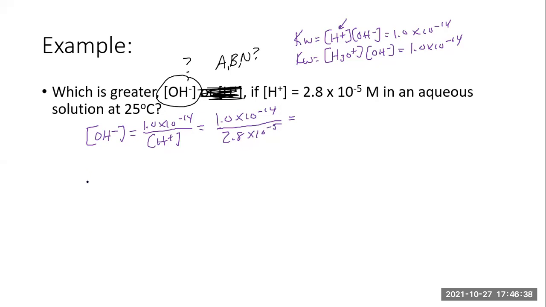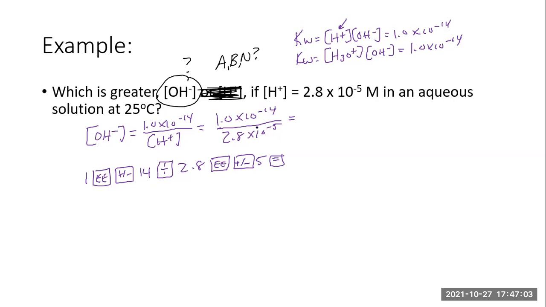So you would hit 1, your exponent button, your negative button, and 14, hit your divide button and type in 2.8, your exponent button and your negative button and 5, and obviously hit equals.